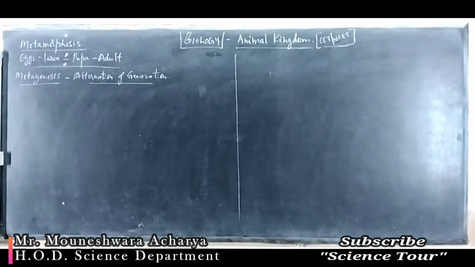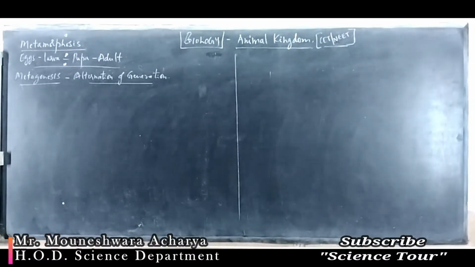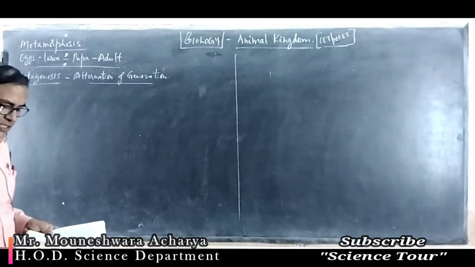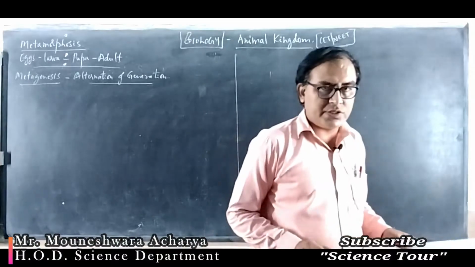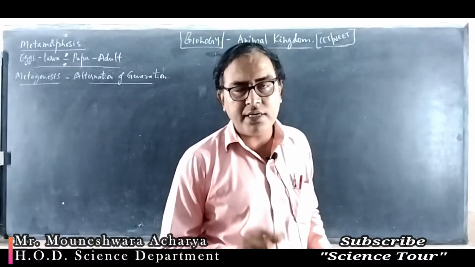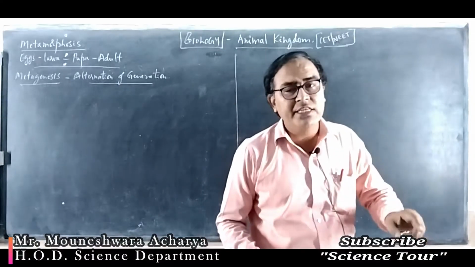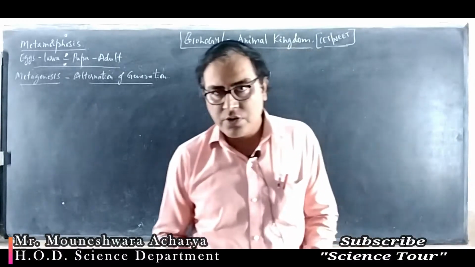So this characteristic feature is named, for example, in earthworm, the body shows the pattern called metameric segmentation, and this phenomenon is called as metamerism. Of course, it is a segmentation, but since there are repeated units in the body, these repeated units are called as somites or metameres. This particular type of segmentation is specifically referred to as metameric segmentation or metamerism.